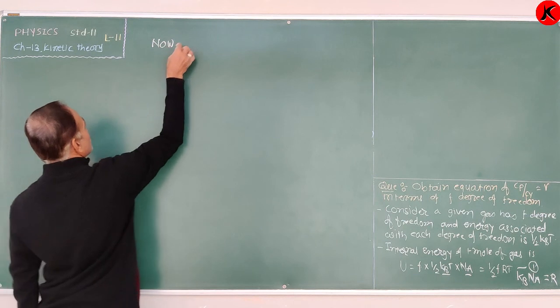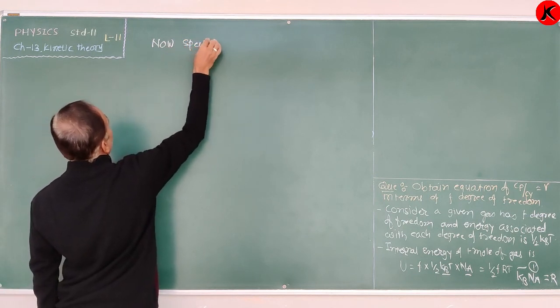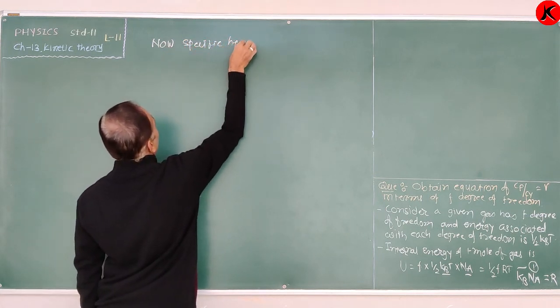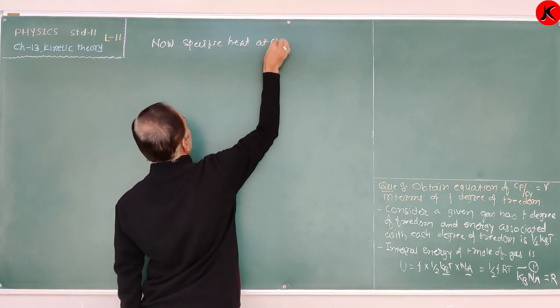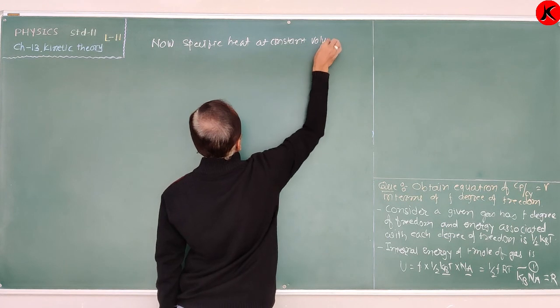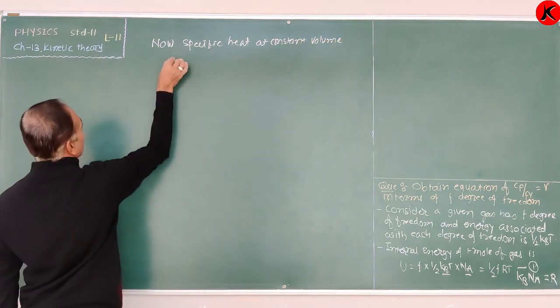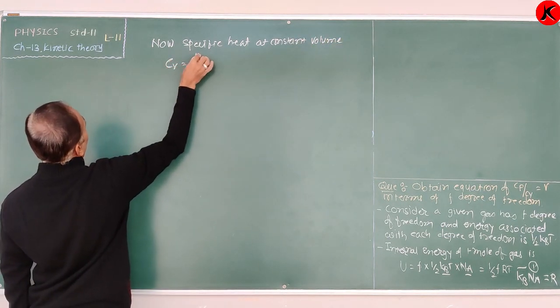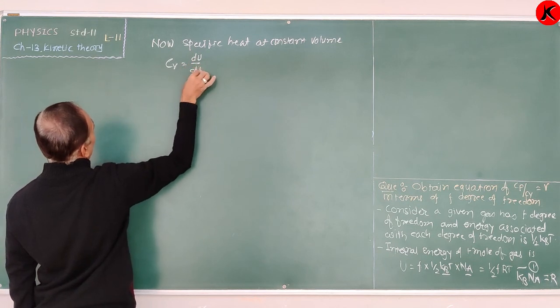Now, specific heat at constant volume Cv is equal to dU by dT.